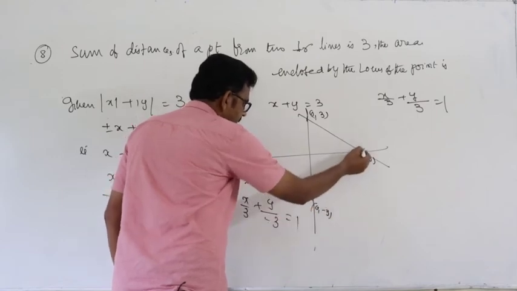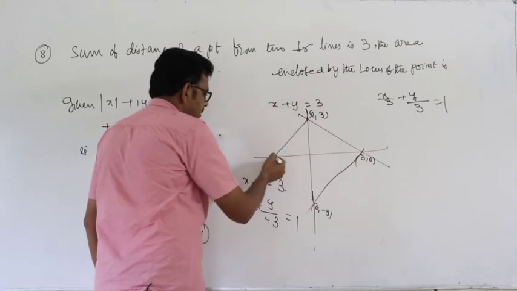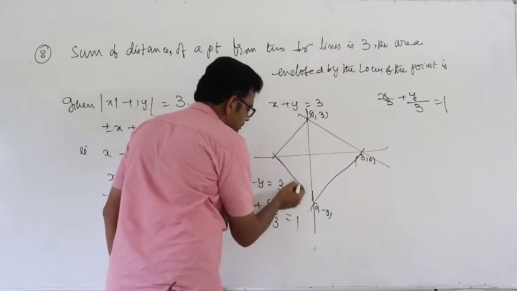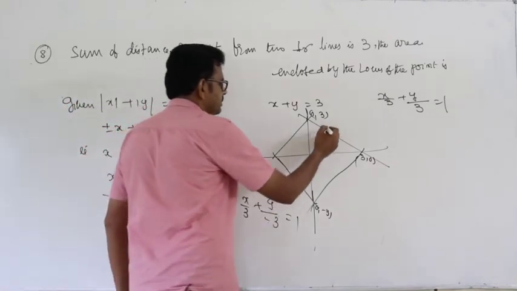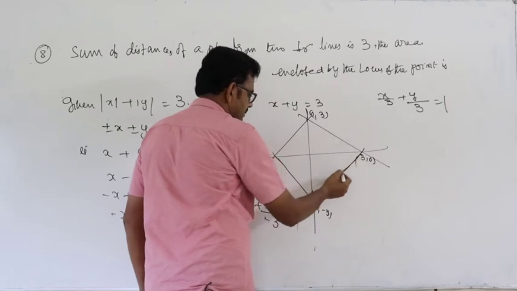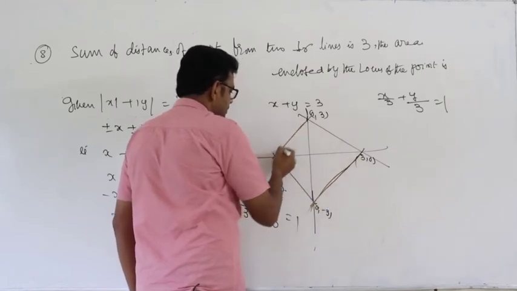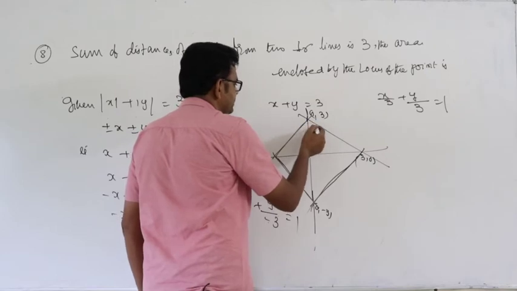So this is one line, and similarly the other two lines are like this. This line is x + y = 3, and this line is x - y = 3. Similarly, these two lines.